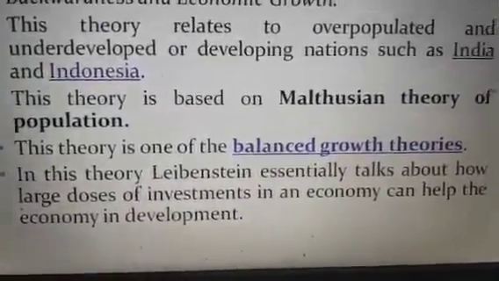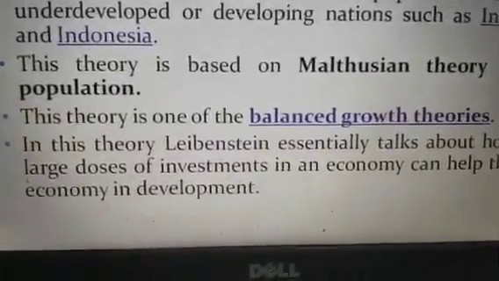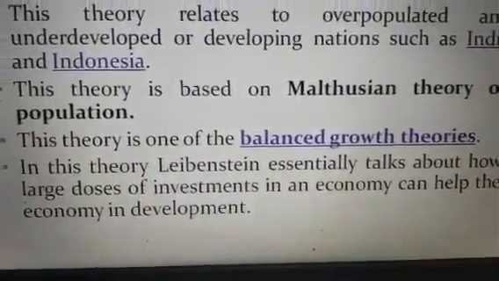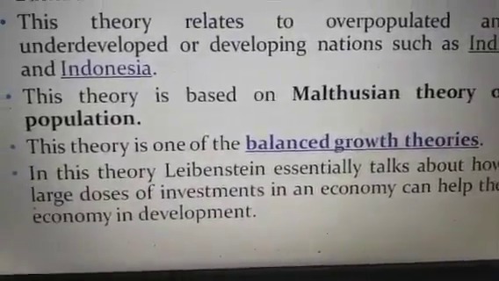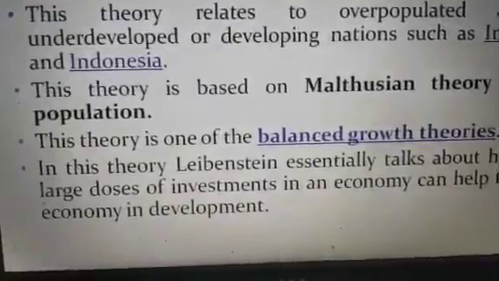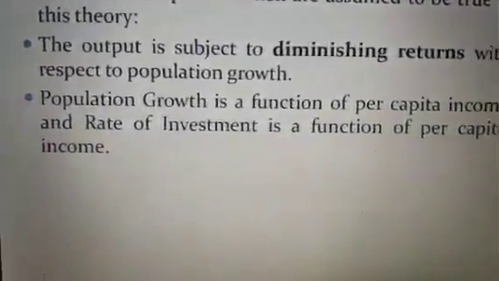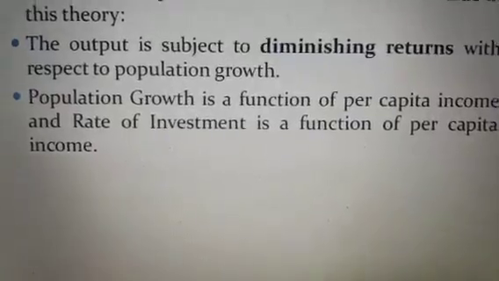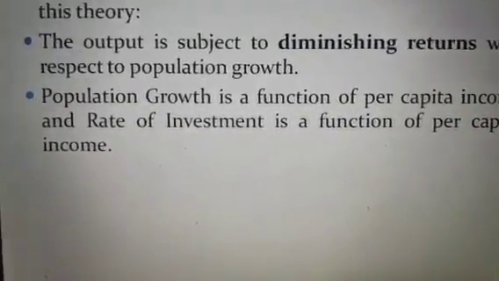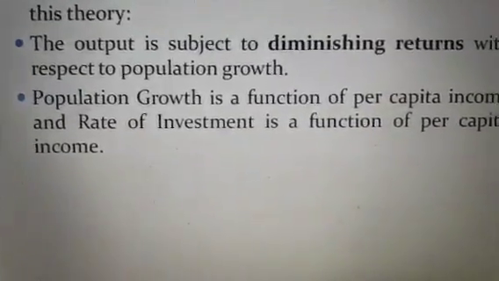And in this theory, Leibenstein essentially talks about how large doses of investment in an economy can help the economy in development. So dear students, this is the theory linked with development. And there are many assumptions, but mainly two assumptions work in this theory. First, the output is subject to diminishing returns with respect to population growth.